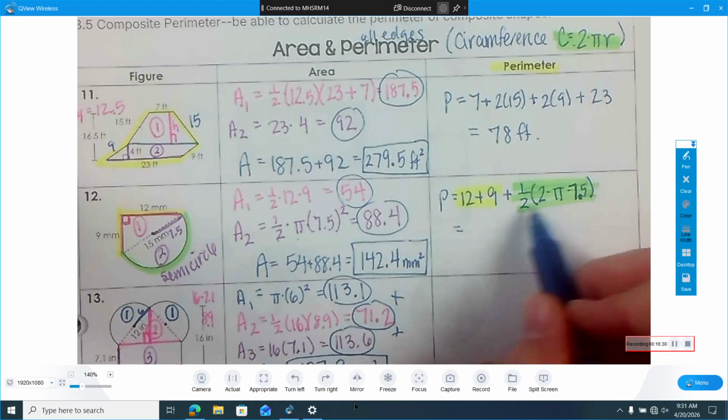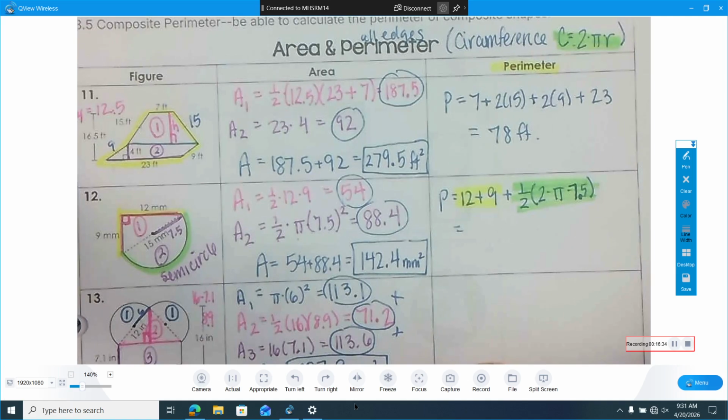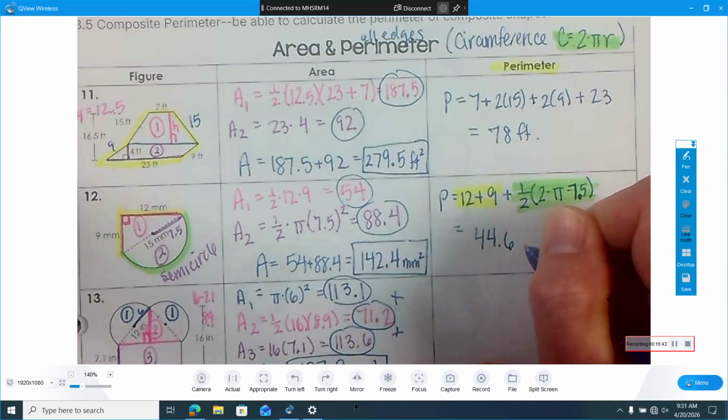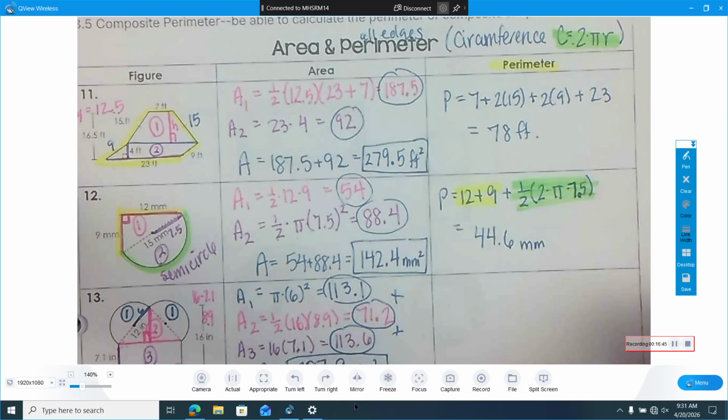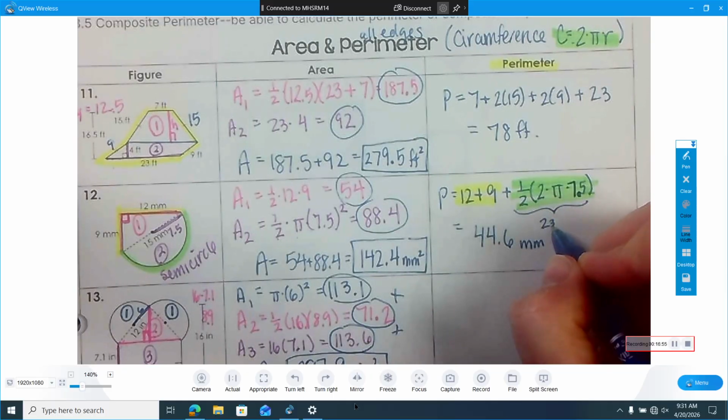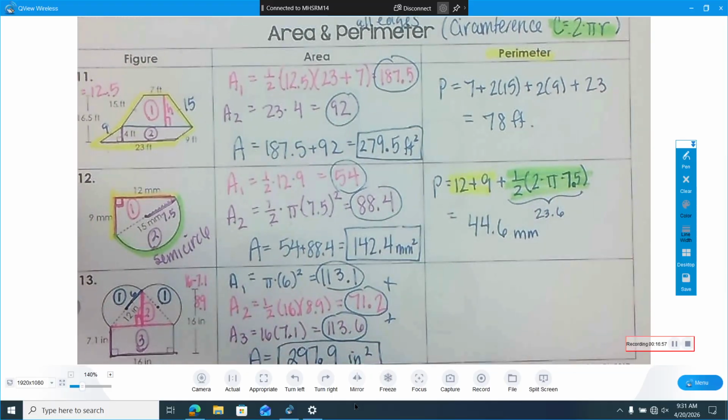So that part is 23.6 plus this. Yeah, 44.6 should be your answer here. And this is just millimeters. So in case you're curious, this was 23.6, that green portion.